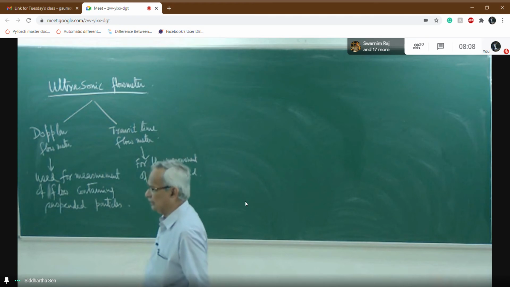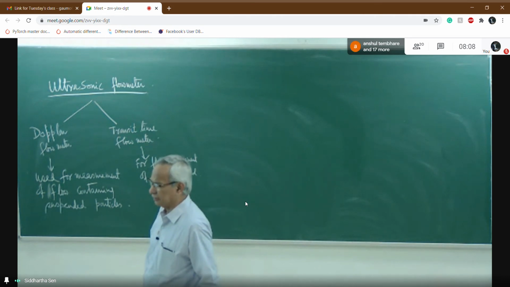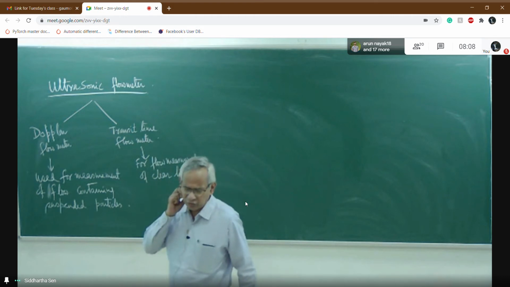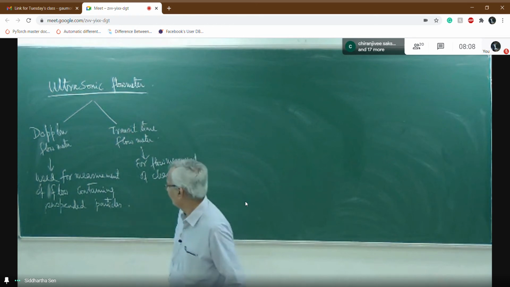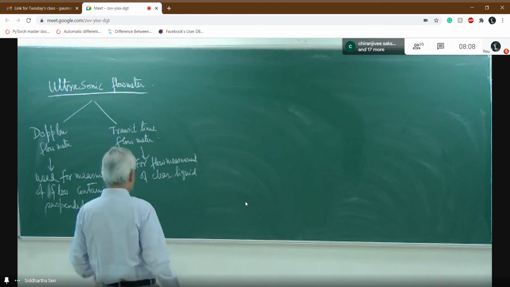So naturally, the complexities are more. While in this case, we mainly consider the cases to measure flow through pipelines, where the area of flow is always fixed. Anyway, I will try to draw it here.